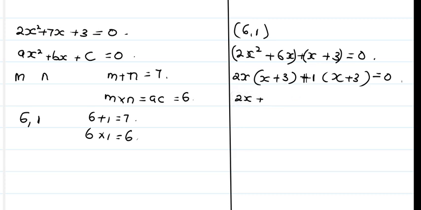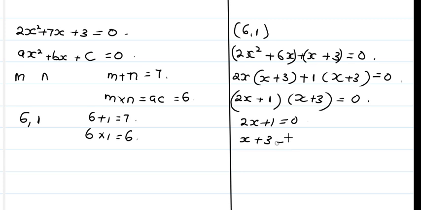So it becomes 2x plus 1 into x plus 3, picked one of these, is equals to 0, like that. So it means 2x plus 1 is equals to 0, or x plus 3 is also equals to 0.